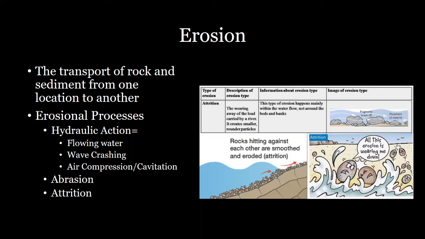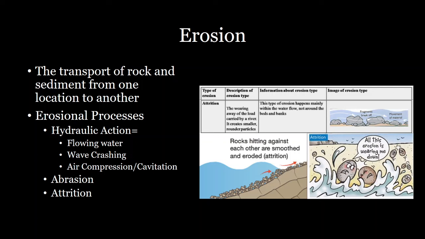So then after that, we have attrition. So this is when you have several rocks within a water body, and along the bed of a river or on a beach, these rocks are banging into each other, and that banging causes them to wear down into smaller and more round particles.